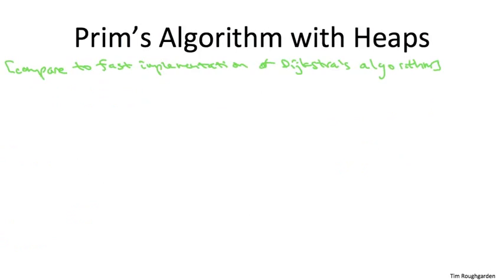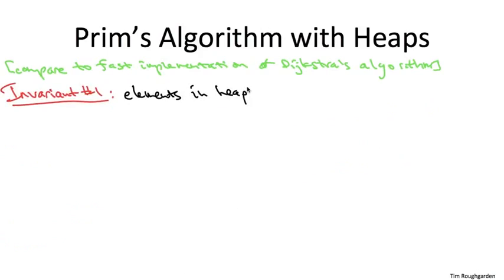So in a bit more detail, our plan is going to be to maintain two invariants. The first invariant is going to describe what the heap contains. The second invariant is going to be what the key values of those heap objects are. So as I said, we're now going to be storing vertices in the heap, not edges. Which vertices? Exactly the vertices that we don't yet span, the vertices of V minus X.